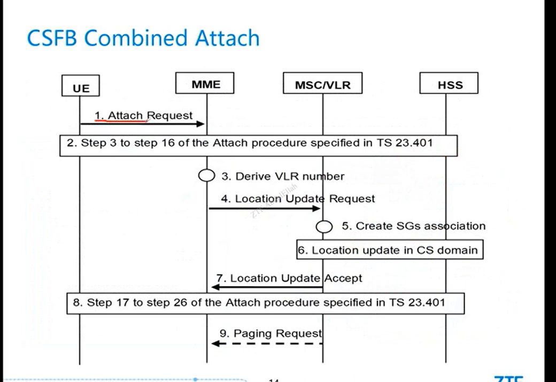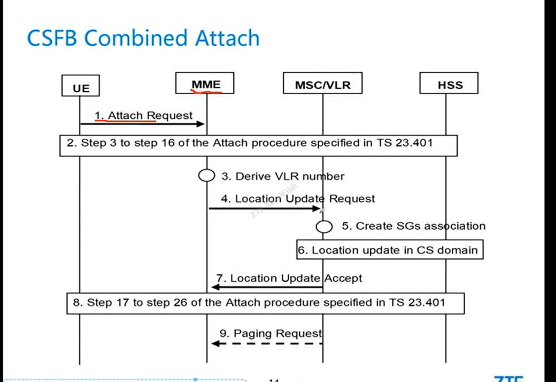You can see in the first step the UE attaches to the MME, and from step 3 to step 16, this is the LTE attach procedure. And then the LTE MME will connect through the SGS interface to the 2G/3G MSC and VLR to do the combined attach.